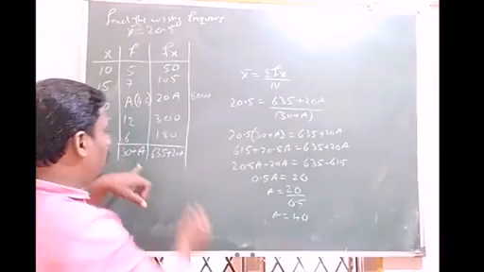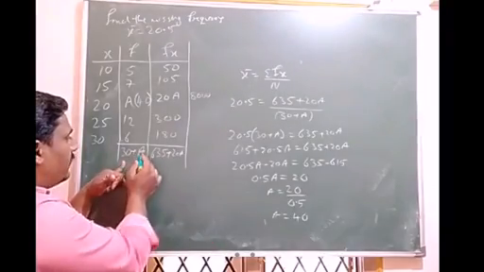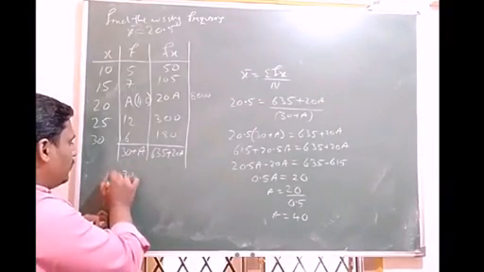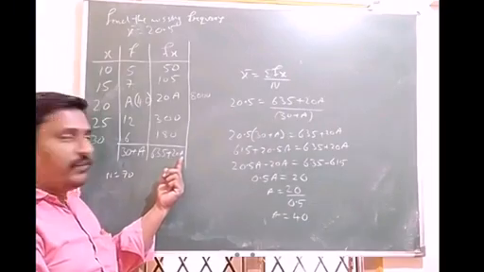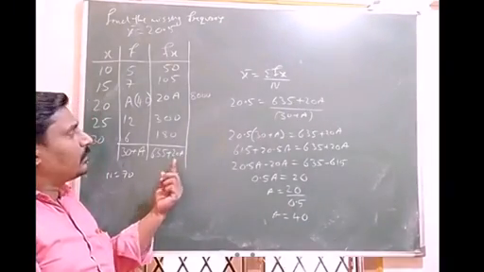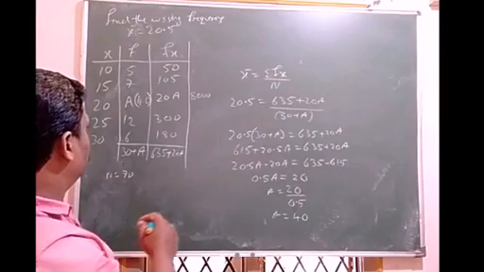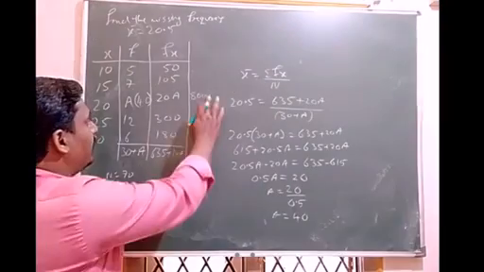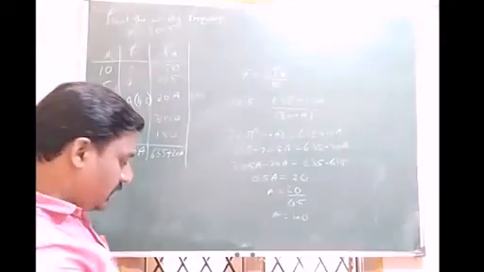Or else just put the values in these two: 30 plus 40, 70. So n is equal to 70 here. And 20 into A is 40 into 20, 800.